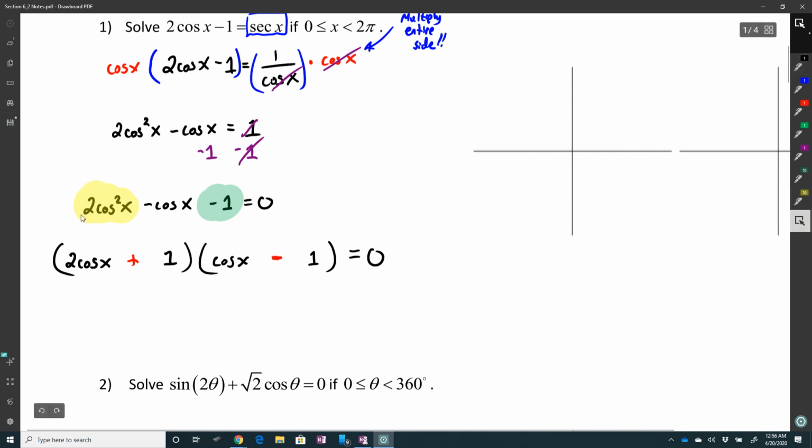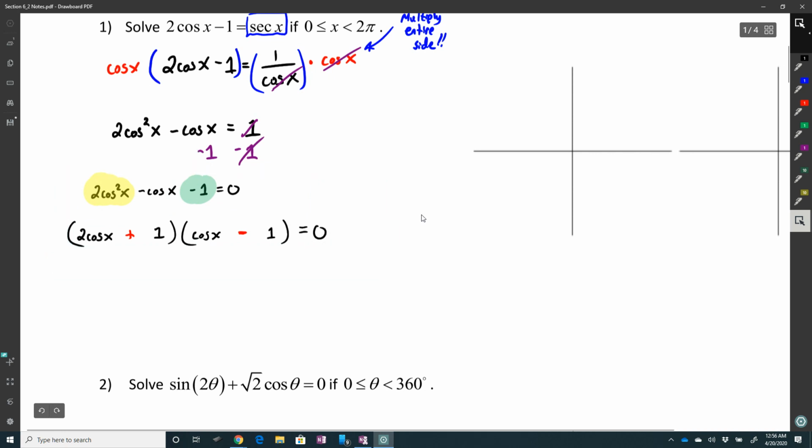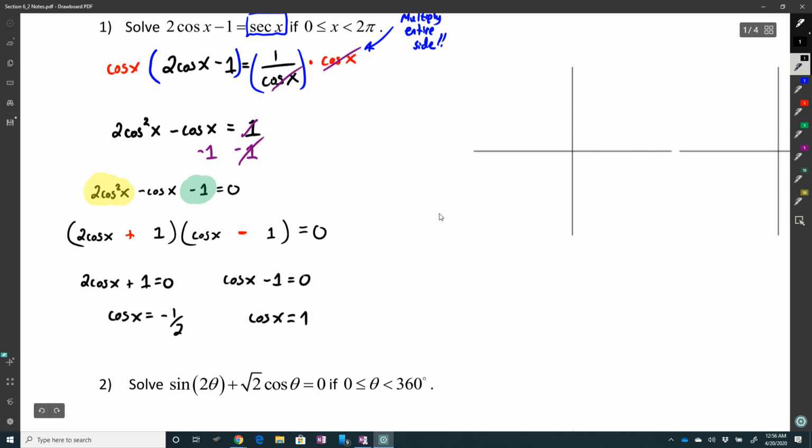Let me shrink it up a bit. So this gives me 2 cosine x plus 1 equals 0, and cosine x minus 1 equals 0. So cosine x is equal to negative 1/2, I subtract 1 and divide by 2, and cosine x is equal to 1.